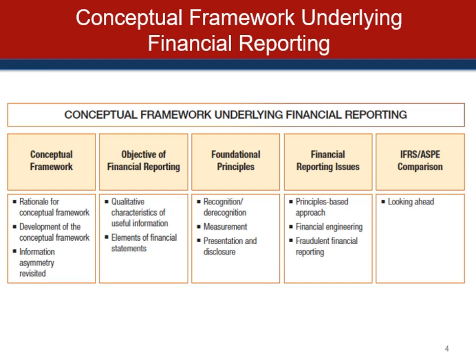Then we'll talk about the objectives of financial reporting, particularly the qualitative characteristics, and so what qualities does financial information have to have in order to be useful to the users of the financial information. Then we'll talk about the elements of the financial statements, and these are fairly familiar to you: assets, liabilities, equity, revenues, expenses, gains, losses, those sorts of things.